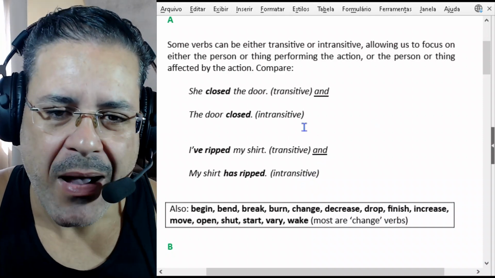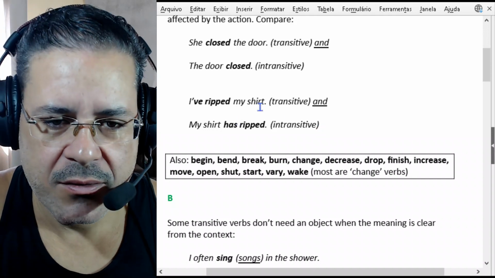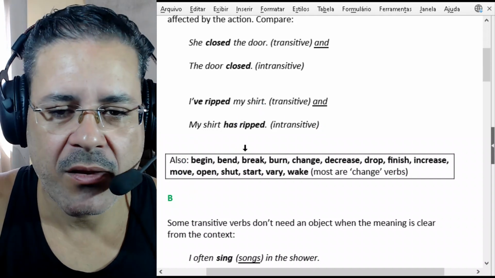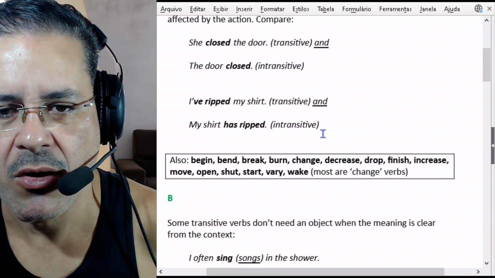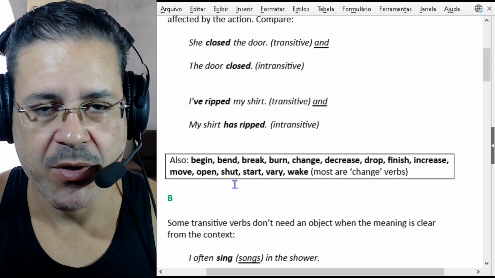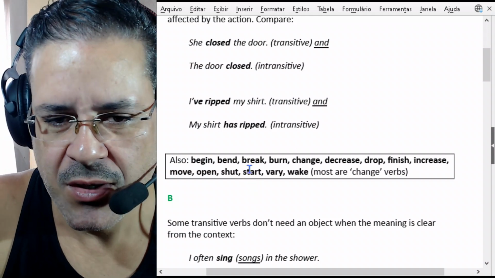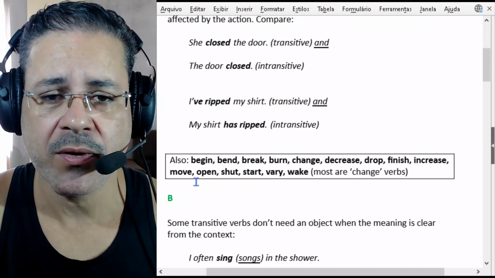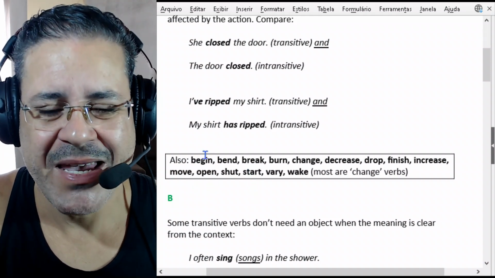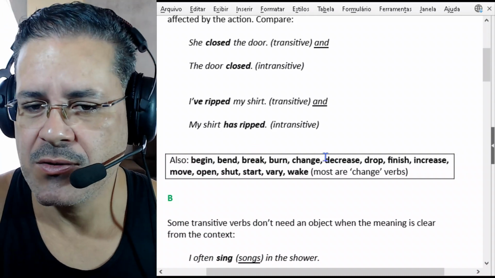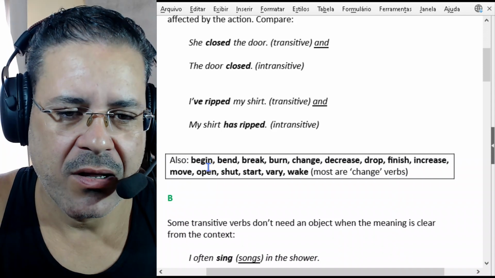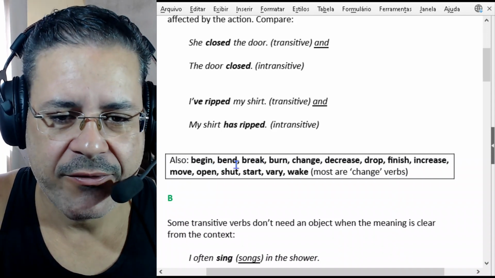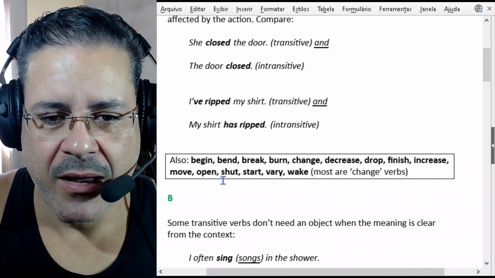Okay, that pattern can be used, for example, also with those verbs here. I'm just gonna read them so you can practice your pronunciation, because it's quite important to know. It's also interesting to know the meaning of those verbs. I don't recommend you learn verbs just as individual things.